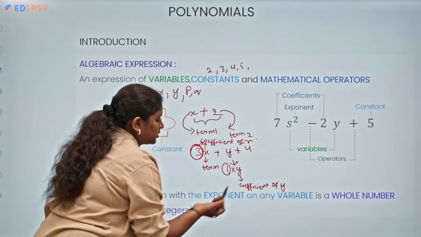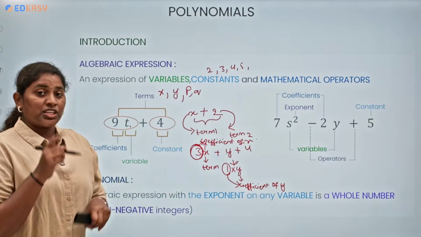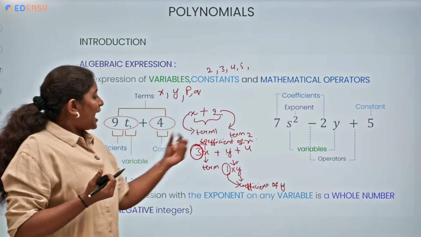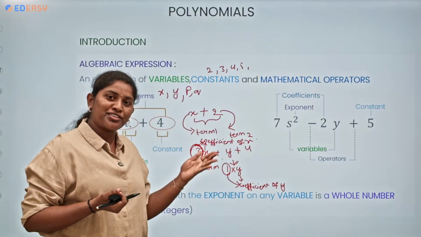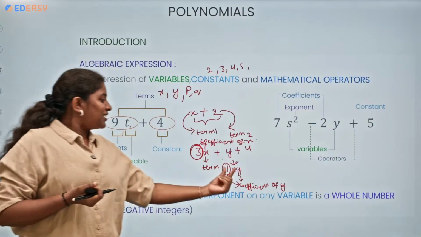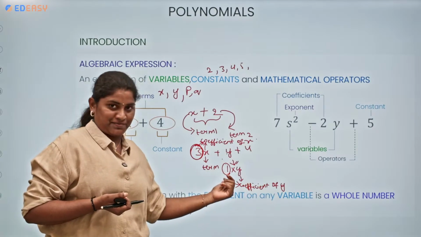We are left with 1. So 1 will become the coefficient of y. The first major mistake every student makes is thinking, I have y here, before y I don't have any number, so the coefficient will be 0. No, that is wrong. Y can be written as 1 into y, so the coefficient of y will become 1.